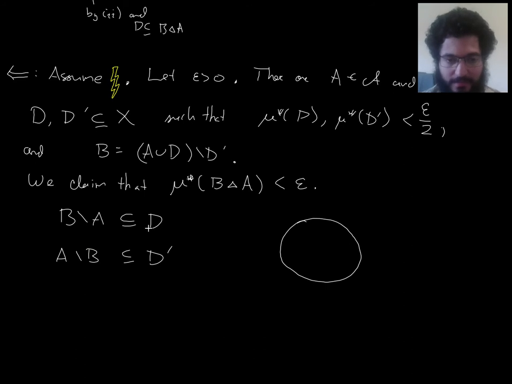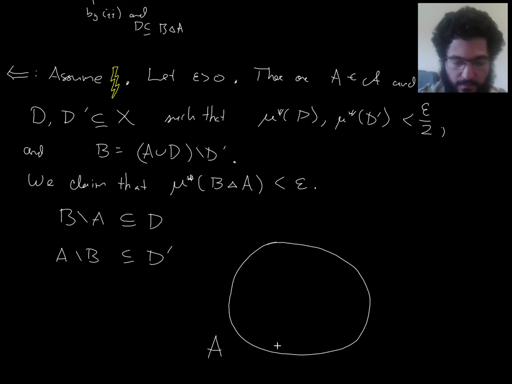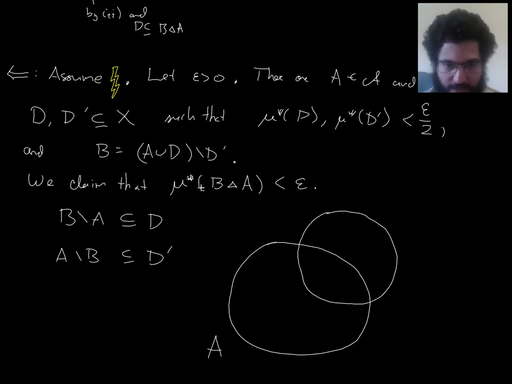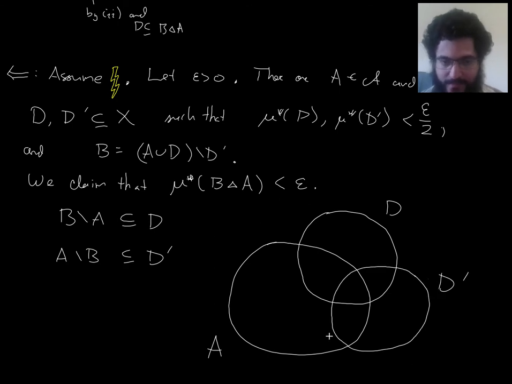But let me see if I can make a picture to make it feel right at least. So let me draw in sort of the three sets that we have being combined in different ways here. A, and then D gets added to it, and then D prime gets deleted from that. And then that's supposed to give us B. So in this picture with the three disks A, D, and D prime, where's B?